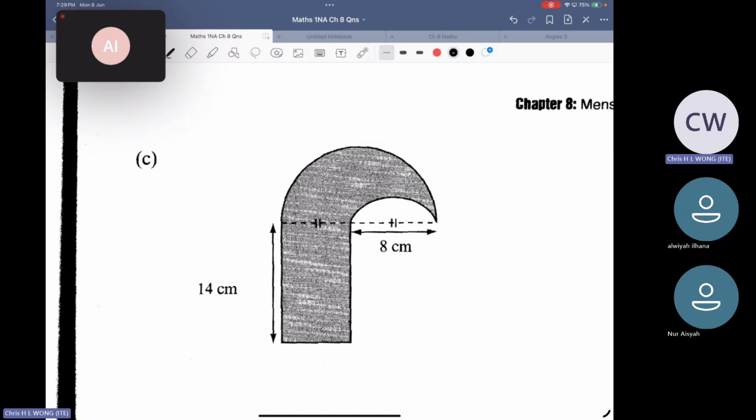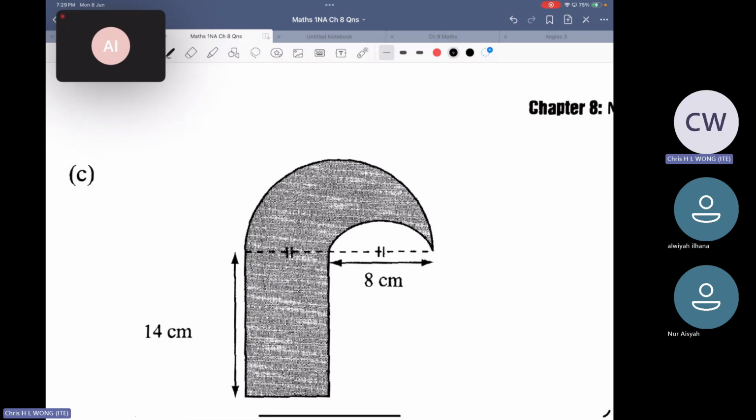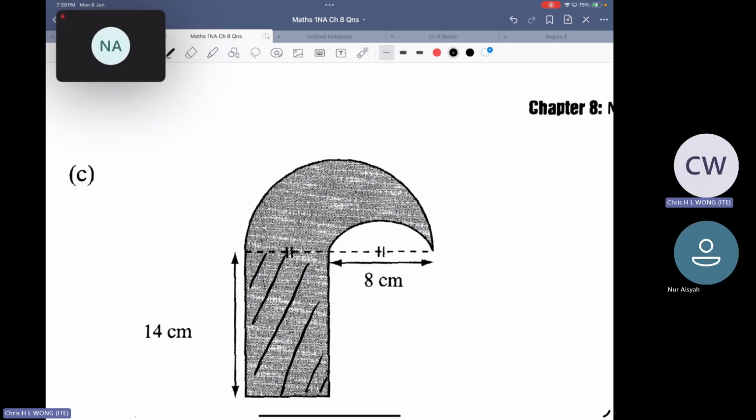Okay. Yeah. Now you are supposed to find the area of the shaded part. So same thing. First thing. If I ask you to find the area of the shaded part, I will find the area of the rectangle first. Am I right? First thing I do. The second thing I do is I will find the area of the semicircle. That's the second thing I do, okay?